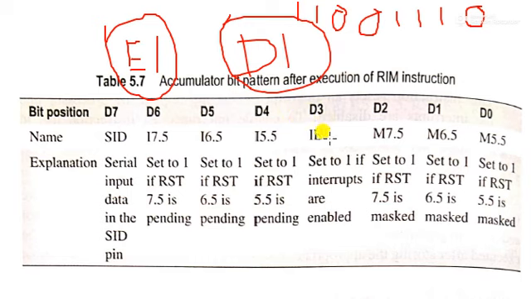Use of the D3 bit. The D3 bit shows the status of EI and DI. That means it shows whether we previously enabled or disabled the interrupt. If DI is used, the bit here is 0. That means if we mask or unmask any interrupt, it will not matter, because we previously disabled all the interrupts.